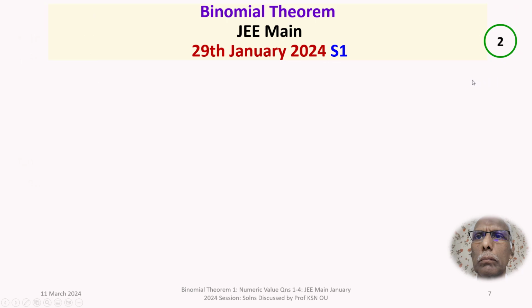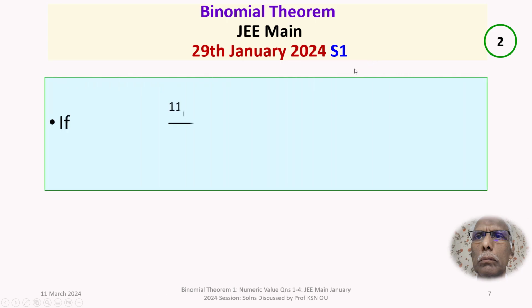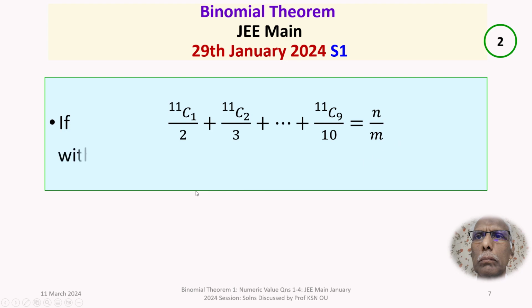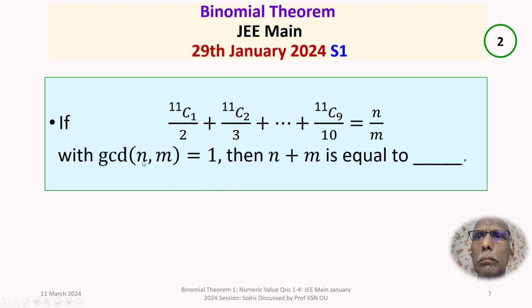The question number 2. It has appeared in the JEE Main exam held on 29th January 2024 in the first shift. The given question is, if 11C1 by 2 plus 11C2 by 3 plus etc. plus 11C9 by 10 is equal to n by m, with GCD of n comma m is 1, that means there is no common factor between n and m, then n plus m is equal to.